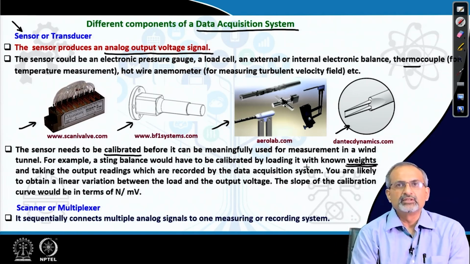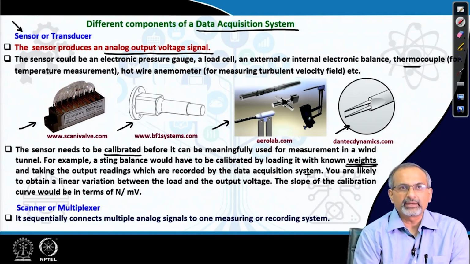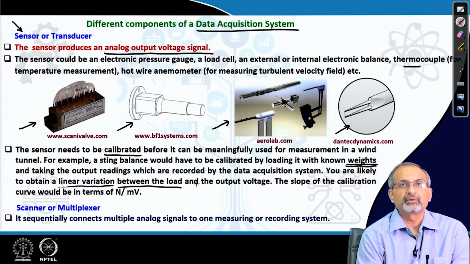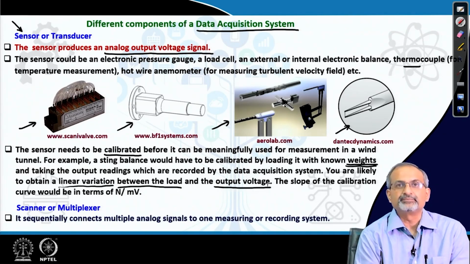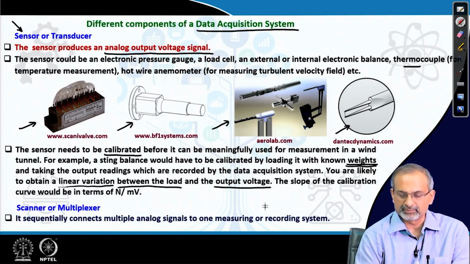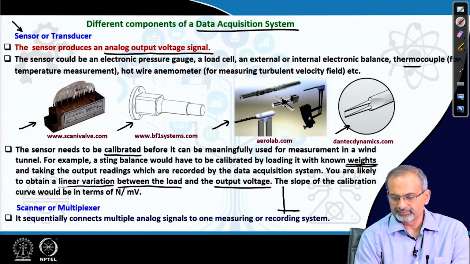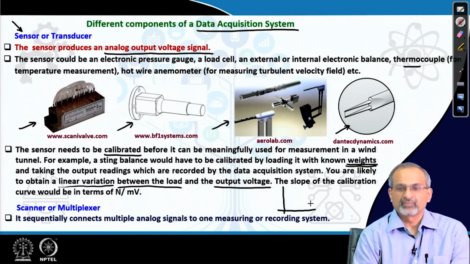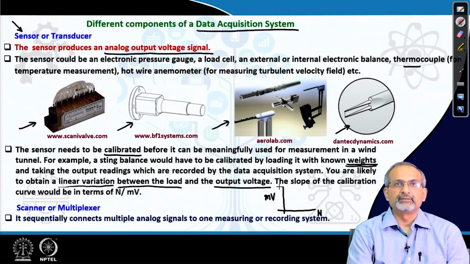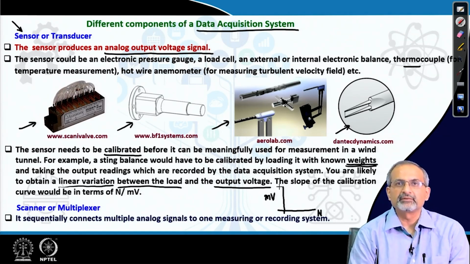Now, once you do this calibration, you are likely to obtain a linear variation between the load that you have applied and the output voltage, and the slope of the calibration curve would be in terms of Newton per millivolt, for example. So, if you make a plot to show the data points, you would have the applied load as the independent variable and the output of the balance as the dependent variable.